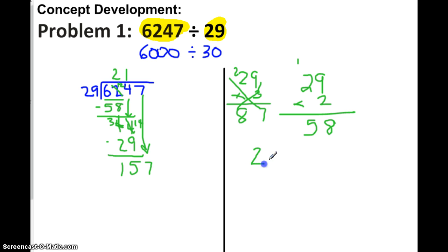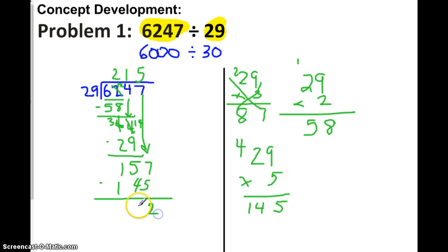So let's try that. 29 times 5 is 145. So there, my estimating really helped me because I rounded that to 30. And then I noticed this started with a 15, and 15 is divisible by 3. So that's why I started with my 5. So I put that up here, and I already did the multiplication, so I put that down here. And then I subtract, and I get 2, 1. Remainder 12. Okay, does everybody see that?